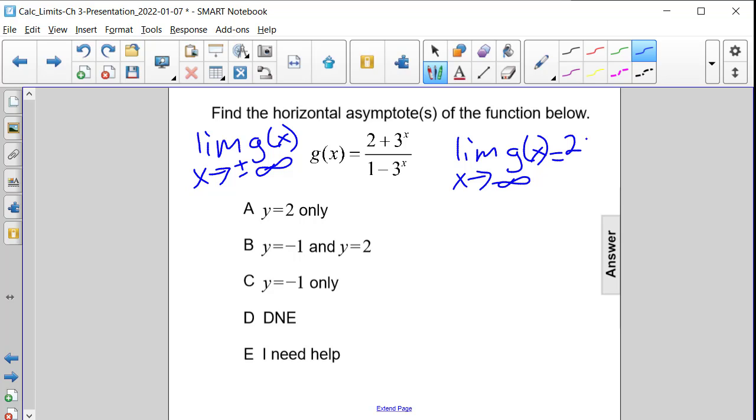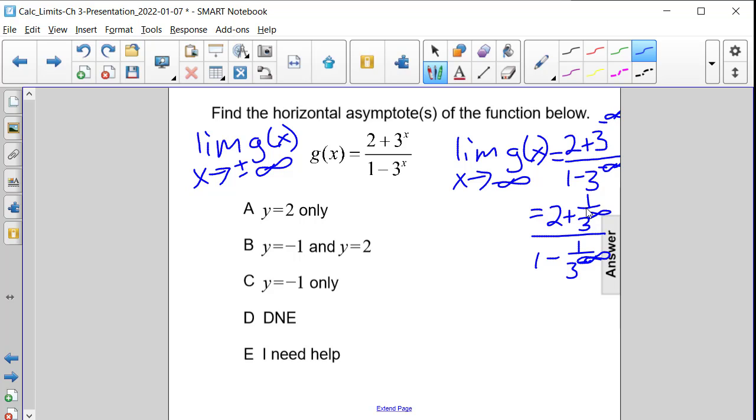We would get 2 plus 3 to the negative infinity, all divided by 1 minus 3 raised to the negative infinity. And if we use the rule of exponents to move the negative infinity into the denominator, we would have 2 plus 1 over 3 to the infinity divided by 1 minus 1 over 3 to the negative infinity, or 3 to the positive infinity when we move it into the denominator.